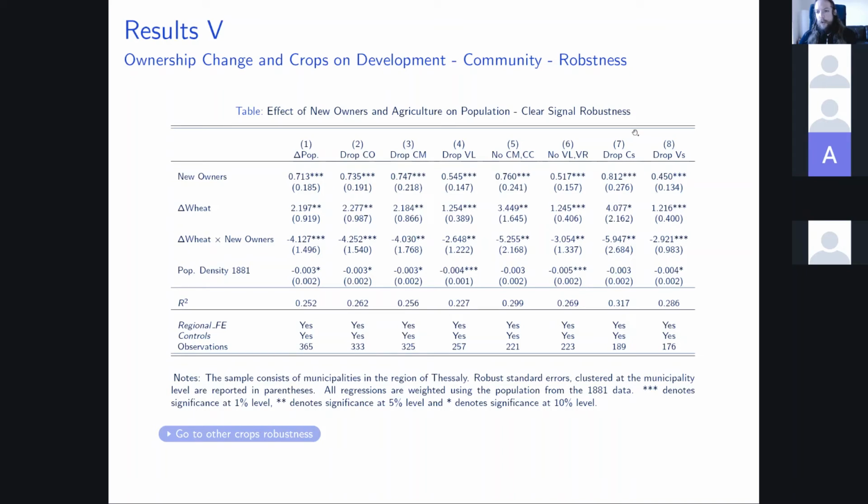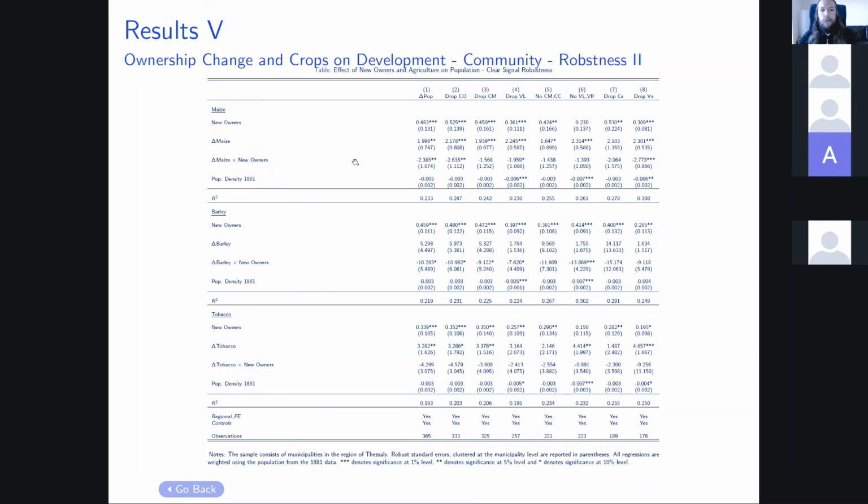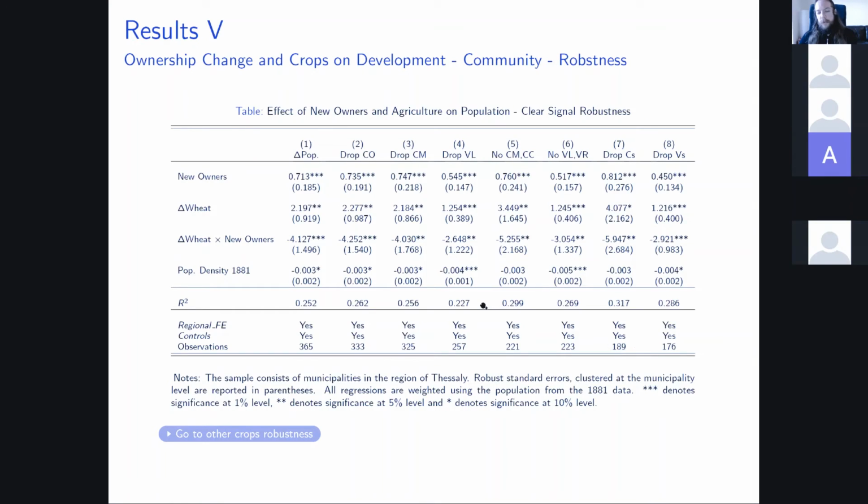The same holds if we drop even all the sieves or all the free villages or a combination of two. This doesn't hold if you look at the other crops, maize or barley and tobacco. If you do the same exercise, they're not significant at every point, which reinforces the main finding, which is centered around wheat as a cash crop of the time.